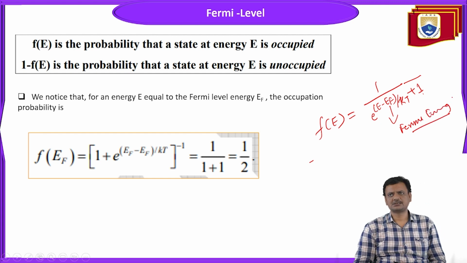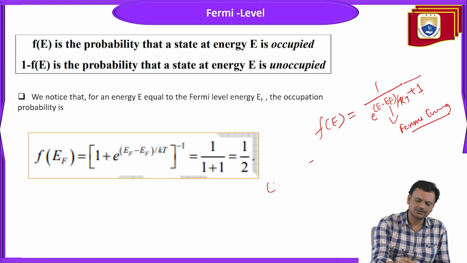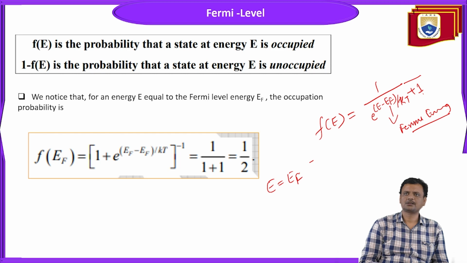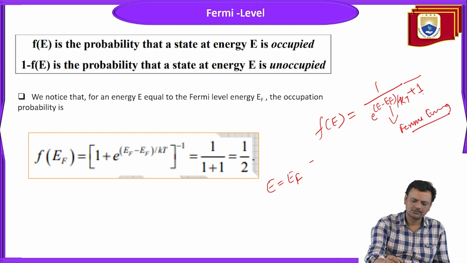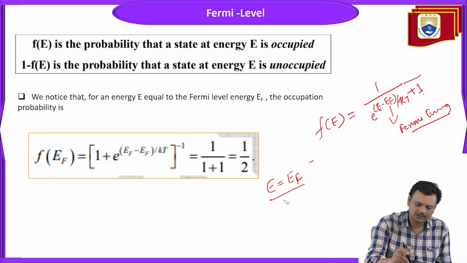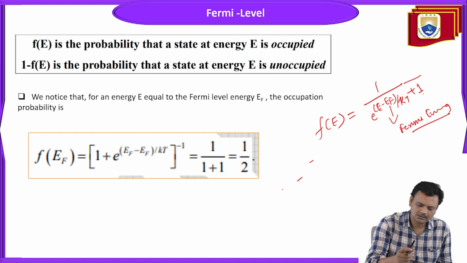Now let's discuss the case when E is equal to EF. What happens? Now put E equal to EF in this expression. What will you get? You will get f of E is equal to 1 upon e to the power (EF minus EF) upon KT plus 1.